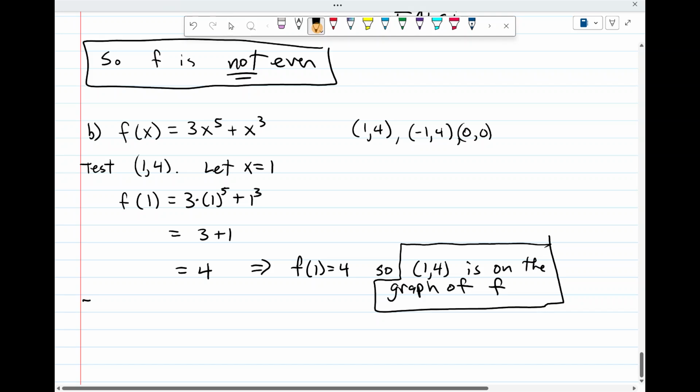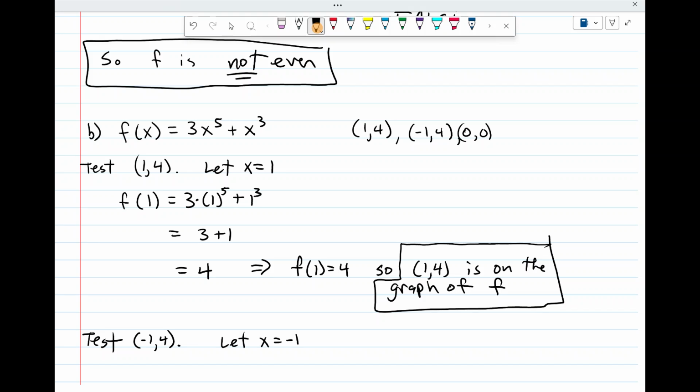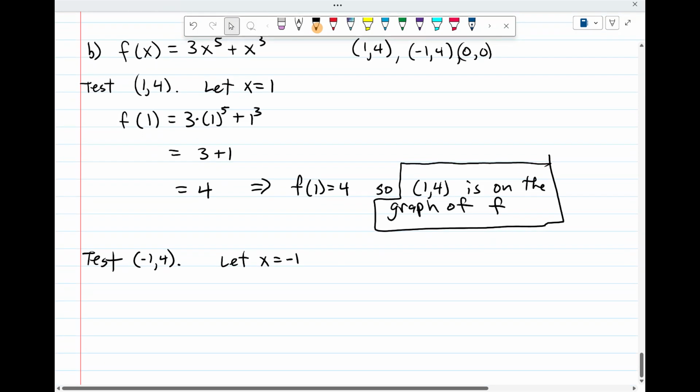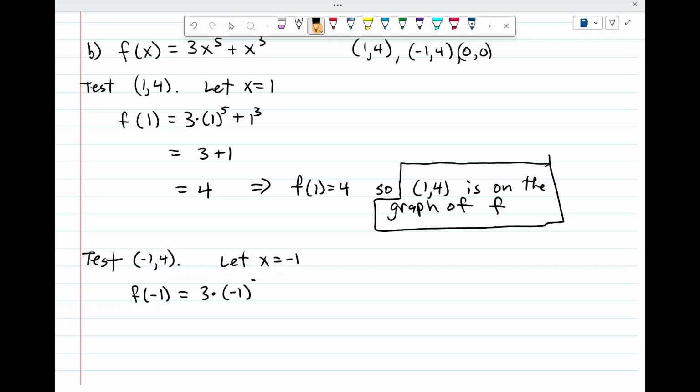Next, let's test negative 1, 4. Again, what we're going to do is let x equal negative 1, plug it in, and see, is the output 4? So f of negative 1 is equal to 3 times negative 1 to the fifth plus negative 1 to the third.